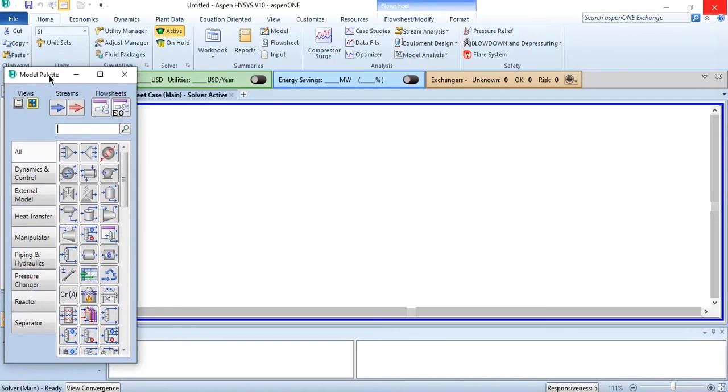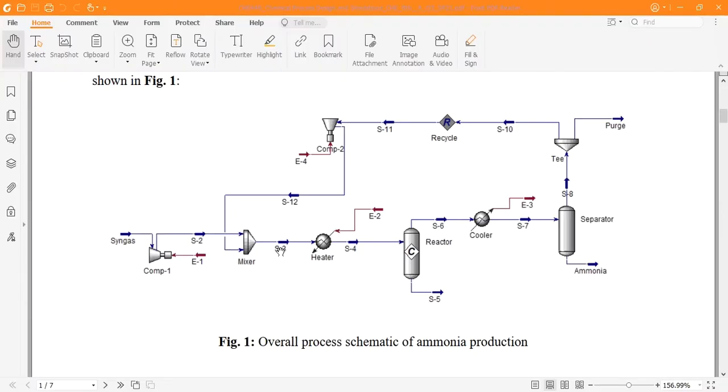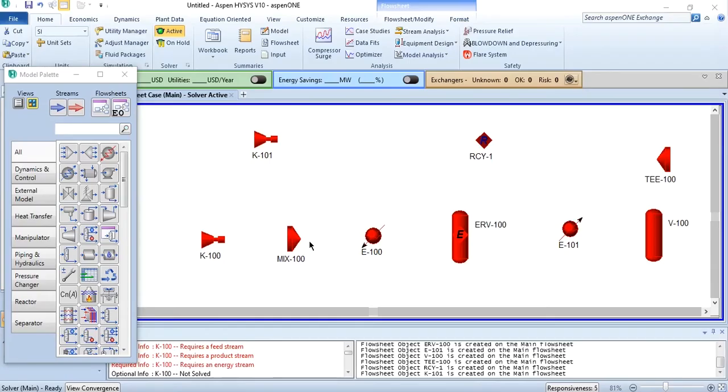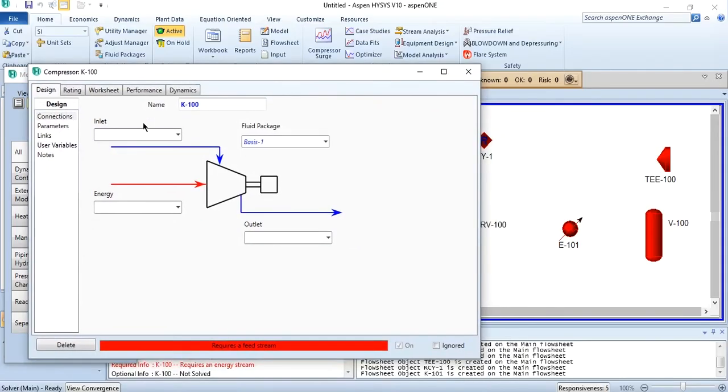Now, if you look at the diagram again, what are the components involved? Compressor, mixer, heater, reactor, cooler, separator. So first we will add these equipments: compressor, mixer, heater, reactor, cooler, separator, tee, recycle, and final compressor. We will do the connections one by one. This one is S1 and S2, and this one is E1.